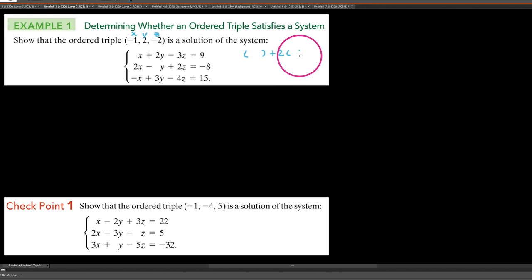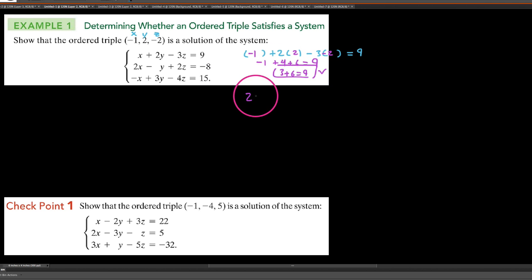To prove that something is or isn't a solution, we're verifying our equations when we plug this in. So -1 goes in for x, 2 goes in for y, -2 goes in for z. Simplifying, we get -1 plus 4, plus 6. Is this 9? The -1 plus the 4 is a 3, and 3 plus 6 is 9. So it certainly checks out in the first equation.